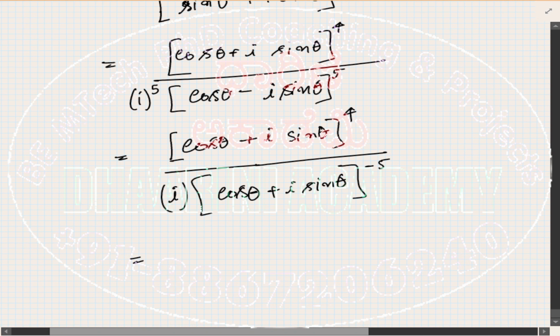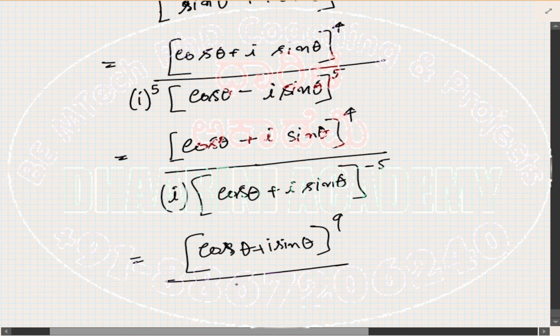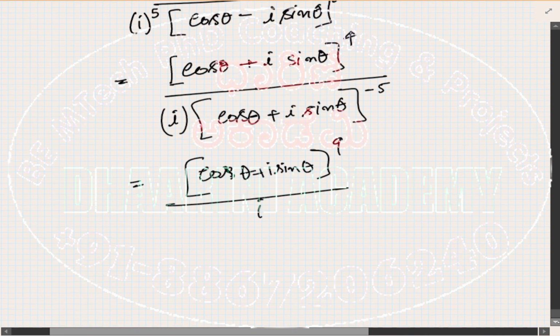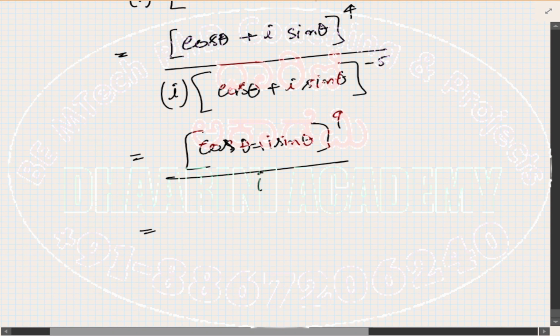There is already 4, so 4 plus 5, the power becomes 9. So this is cos theta plus I sin theta to the power 9 divided by I. When you divide by I, 1 by I is minus I. So I get minus I into cos 9 theta plus I sin 9 theta, and I cancels.